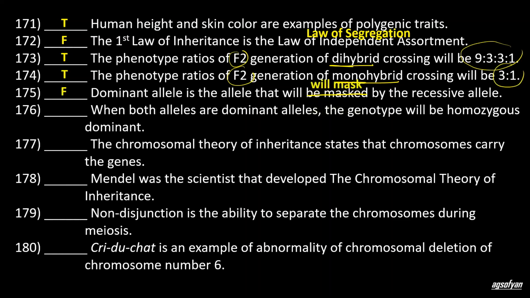It will mask the recessive allele. When both alleles are dominant alleles, the genotype will be homozygous dominant. So both are dominant, homo, then it will be correct, homozygous dominant.